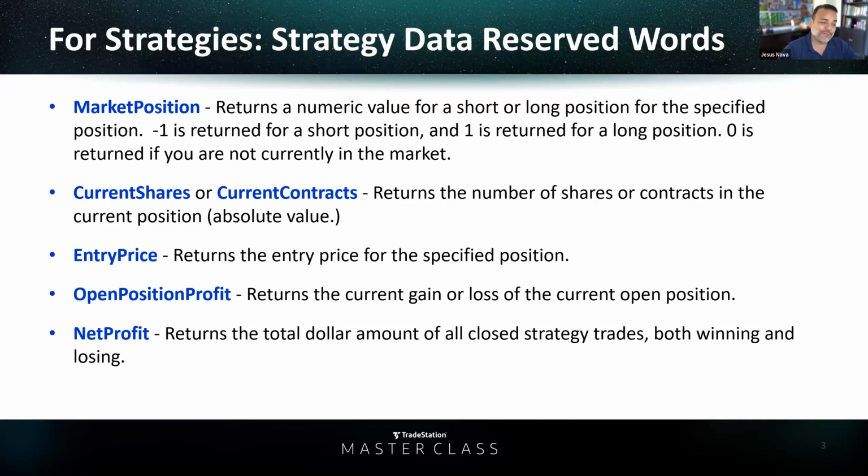Now, this is pretty cool because net profit is a word you can use to look at a strategy and see how much the strategy has made or lost. So it's a very interesting way of looking at a strategy and gather information from the strategy to know its performance. So let's go ahead and use some of these words in a strategy that we can utilize on our screen. And let's go ahead and get to it.